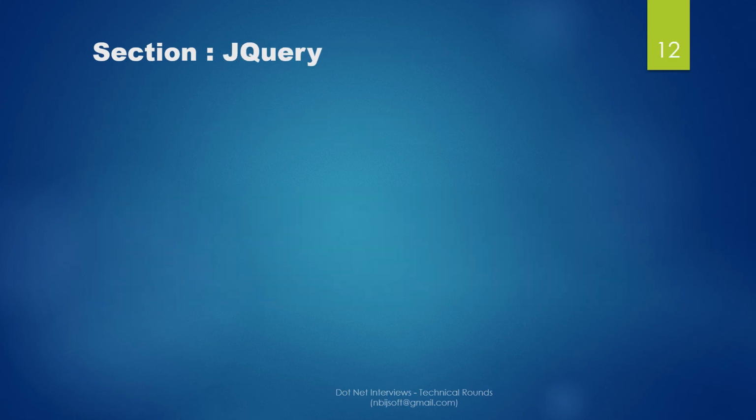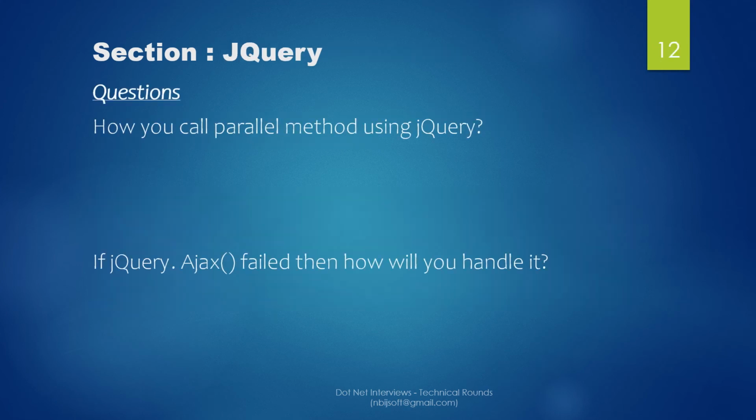Now he came to the next question: have you used jQuery? I said yes. So he said, just explain how you call a parallel method using jQuery. I said, sorry, I don't know exactly, but I have used jQuery.ajax. So he asked me a second question: if you have used jQuery.ajax, how exactly does it work?